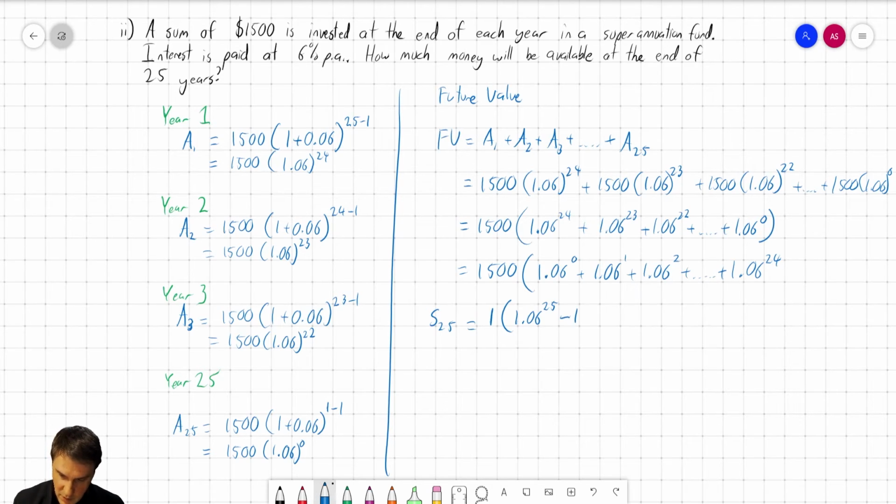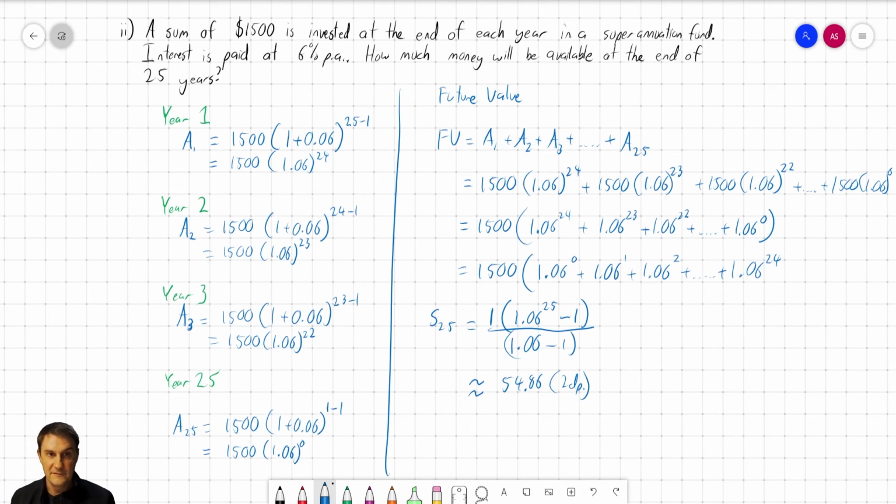Then we're going to minus 1. That's all going to be over 1.06 minus 1, those brackets. Now, the last part of this is we want to roughly work this out. So this is going to be 54.86. This is rounded to 2 decimal places.